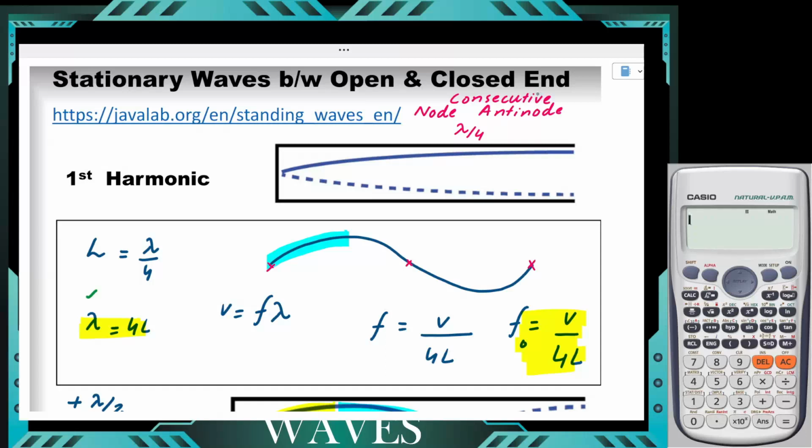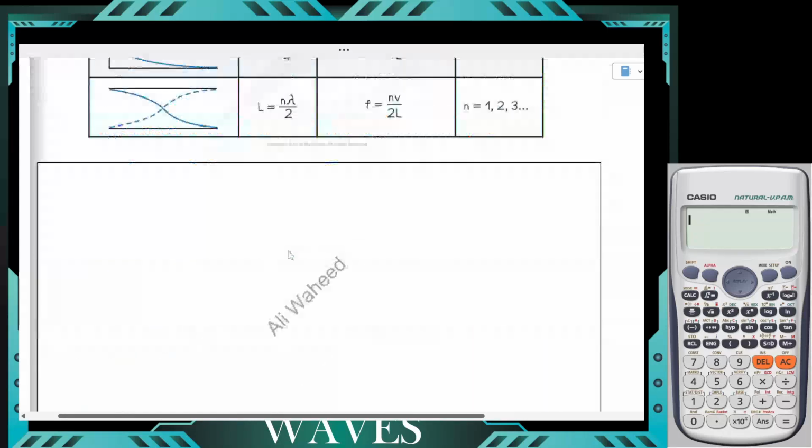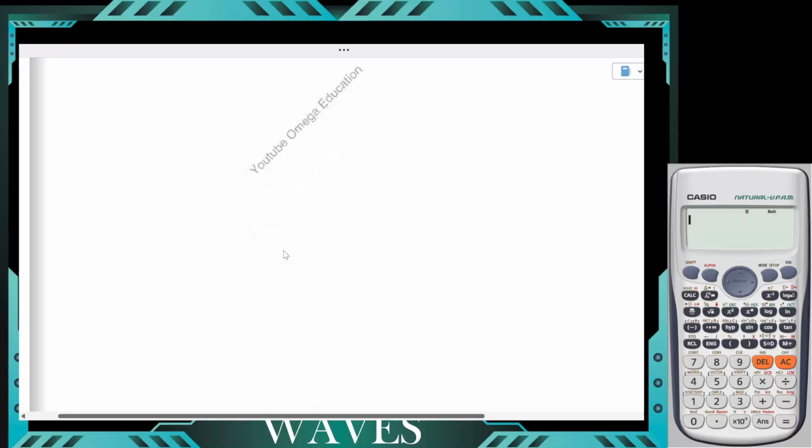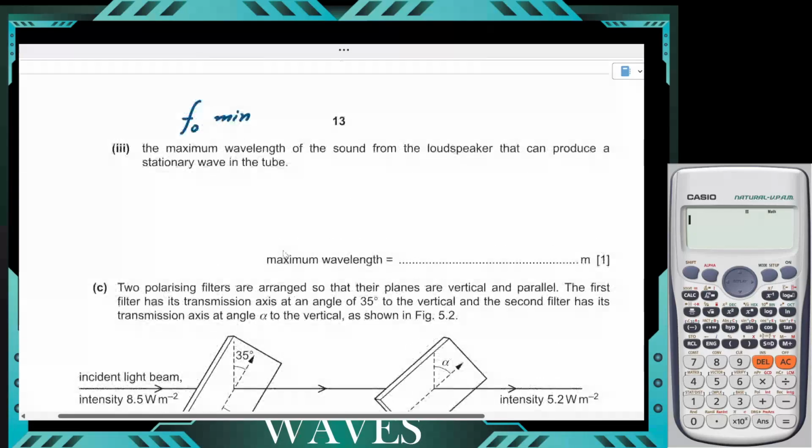They are referring to maximum wavelength, meaning it has to have the lowest frequency, which takes us to the first harmonic. And in order to find the wavelength for the first harmonic, we have this expression, lambda equals 4L. So I'll scroll all the way down, and for the first harmonic of this case, the wavelength equals 4L.